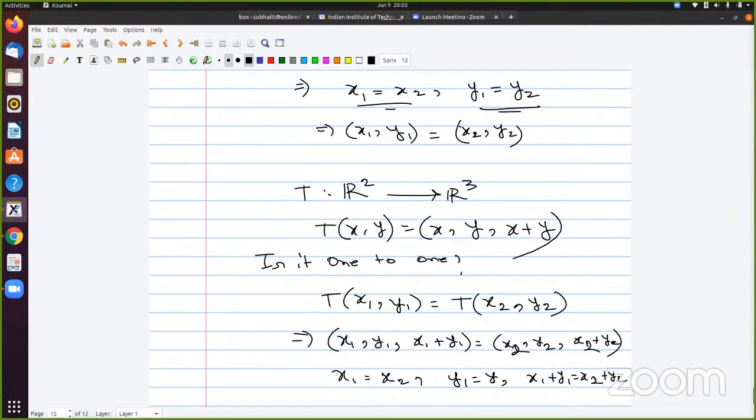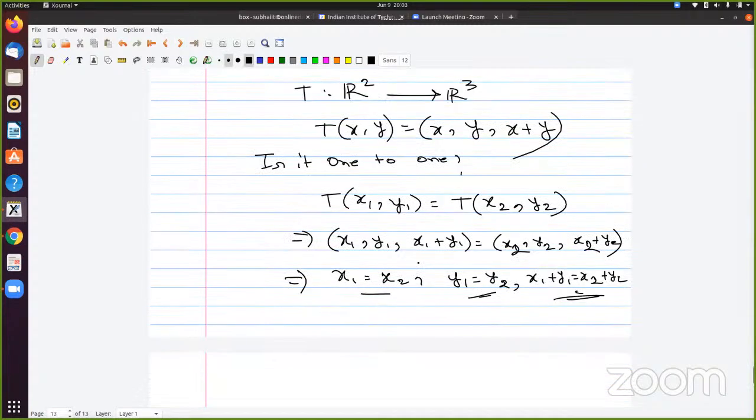If these two are satisfied, then this one will also be satisfied, and this is consistent. So indeed x1 equals x2 and y1 equals y2, correct? So is it 1 to 1 or not? Yes, sir. It is 1 to 1.